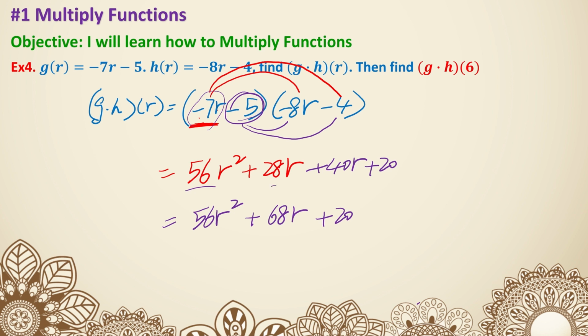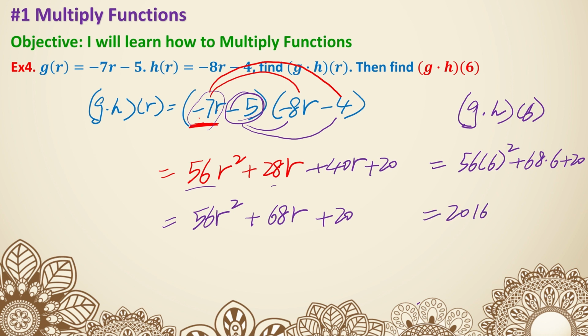Now it's time to plug things in. So since the previous one I plugged in separately, this one I'm going to plug in together. G times h of 6. Let's plug it in. We got 56 times 6 squared plus 68 times 6 plus 20. That's going to be 2016 plus 408 plus 20.